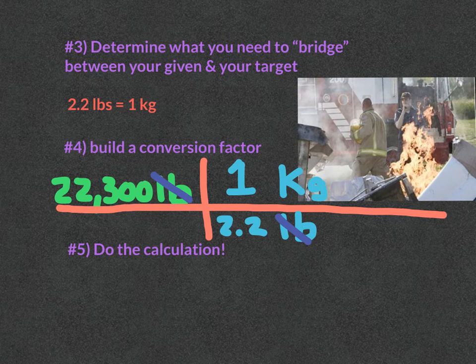Step 5 is to actually do the calculation. So after you're done with your setup here, you have to take 22,300 and divide it by 2.2.